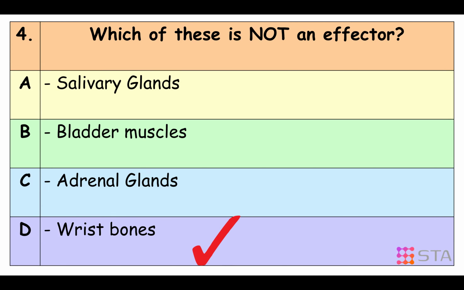So we have salivary glands that release or secrete saliva. We have bladder muscles. So that's a muscle, it is an effector. It does respond, because bladder muscles are the ones that relax in the toilet. Adrenal glands, they release adrenaline, so they are a gland. And then you've got wrist bones, they don't release anything or contract. So the answer is, of course, D.